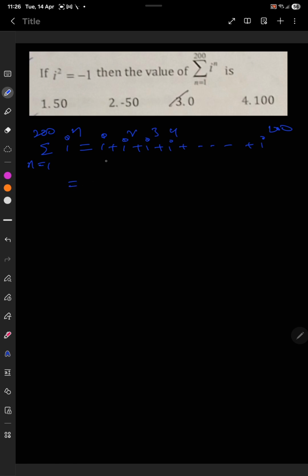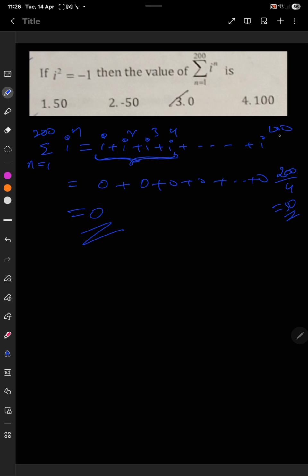So we know that the sum of first 4 powers of i is 0, and n value is 200, and 200 by 4, by dividing 4 terms as a group we get 50 groups. And each group is equal to 0. So 0 plus 0 plus 0, that is equal to 0.